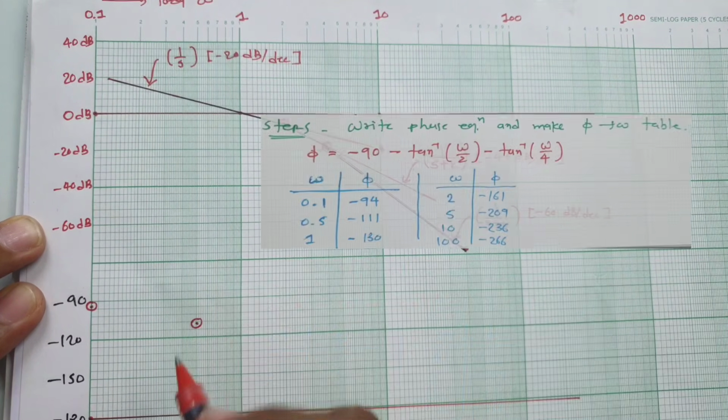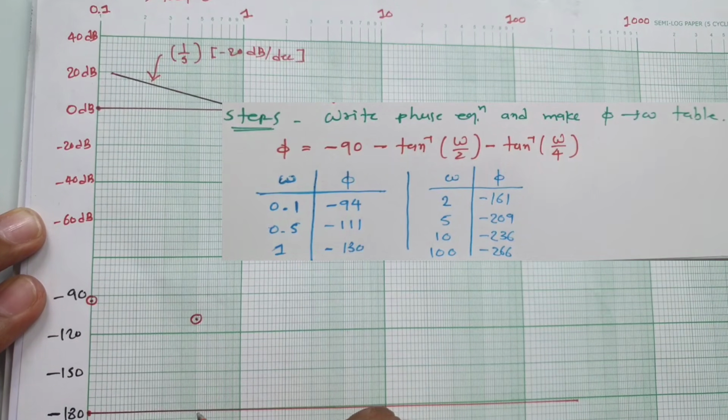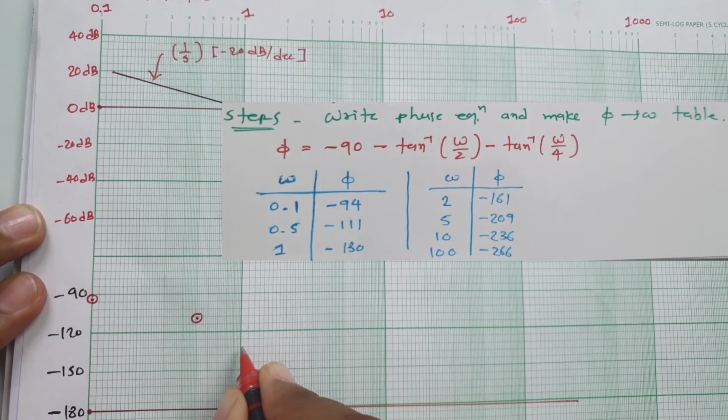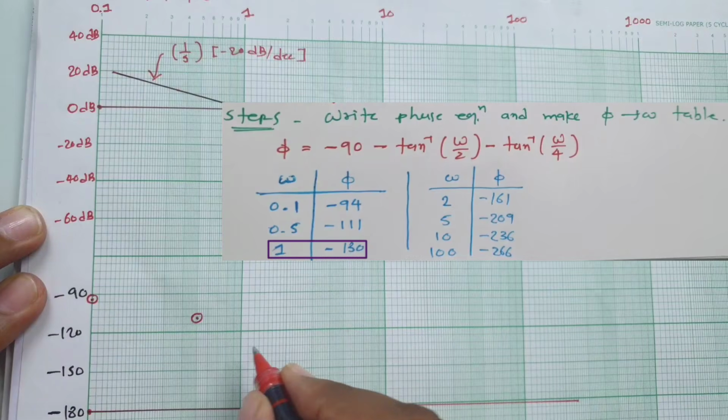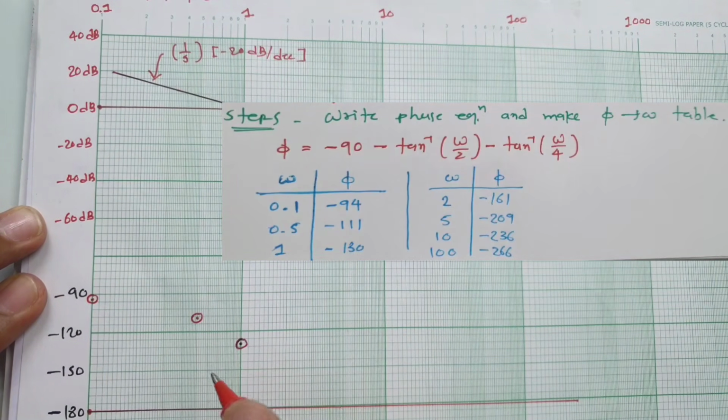Then the next point was at 1 and phase was minus 130, see this is 1 frequency and minus 130 is somewhere over here. And then at 2 it is minus 161, somewhere over here.